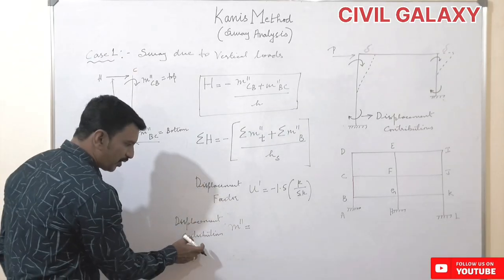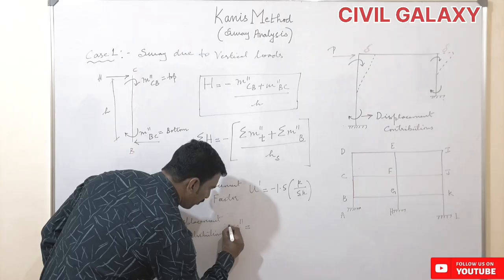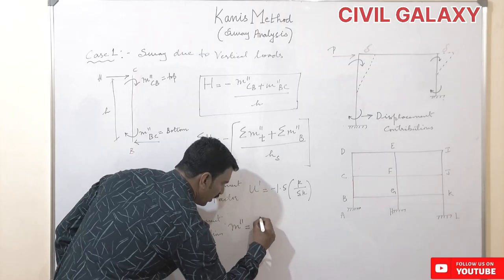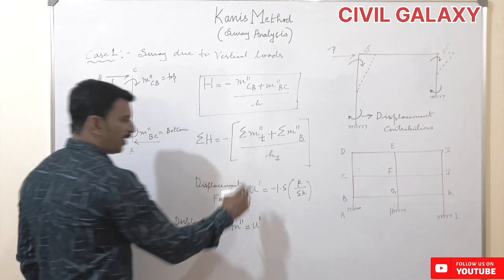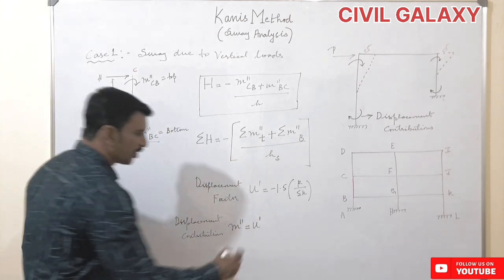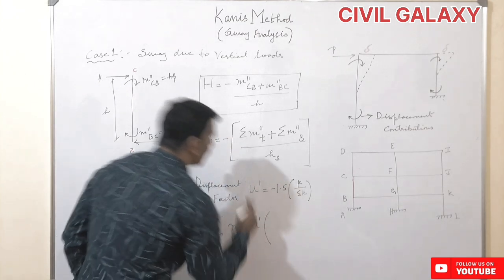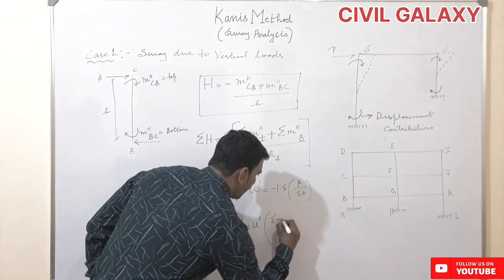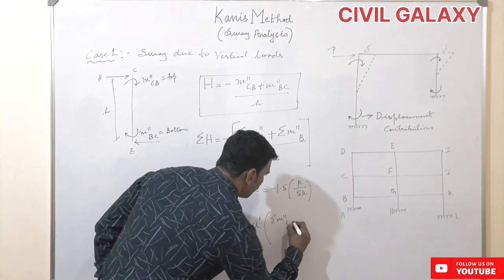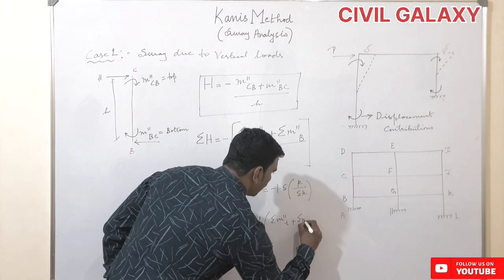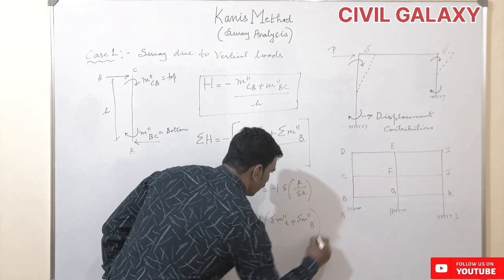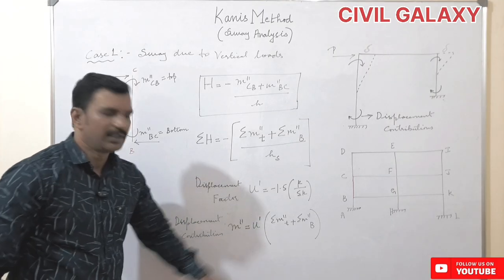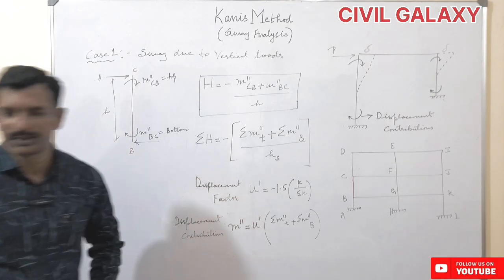But here we are finding out the displacement contributions, which is M double dash is equal to the displacement factor, that is U dash, into sigma M double dash top plus sigma M double dash at the bottom.